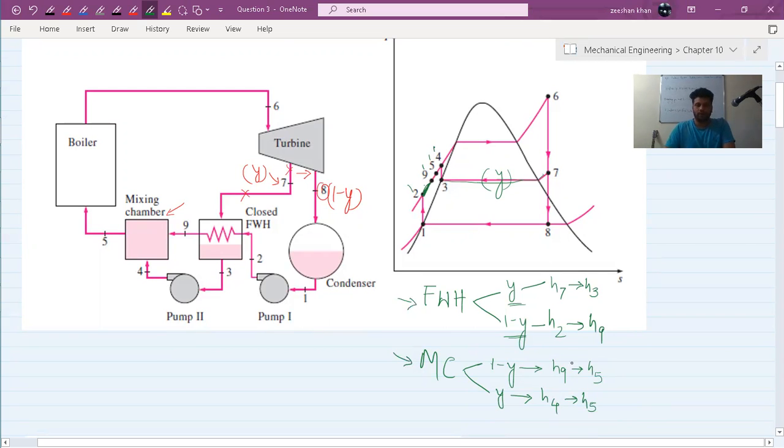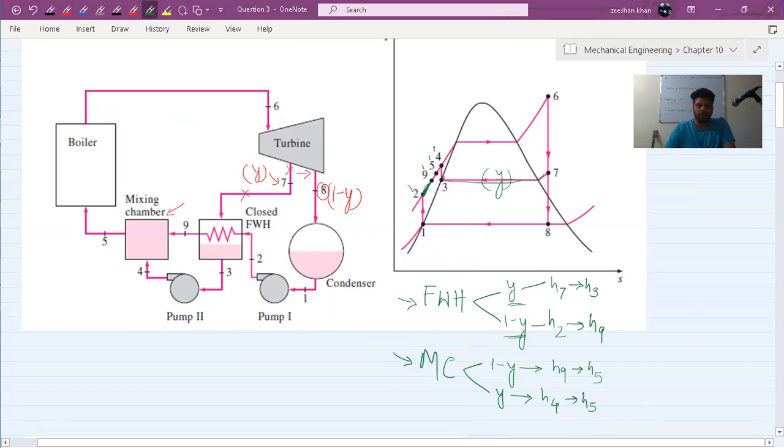So 1 minus y from the ninth state coming out of the feed water heater gets into the mixing chamber and reaches state 5. Y amount of steam coming in, in fact, is converted into saturated liquid.